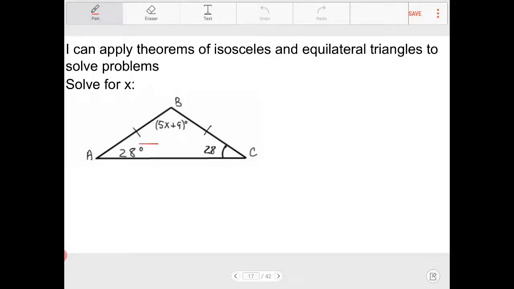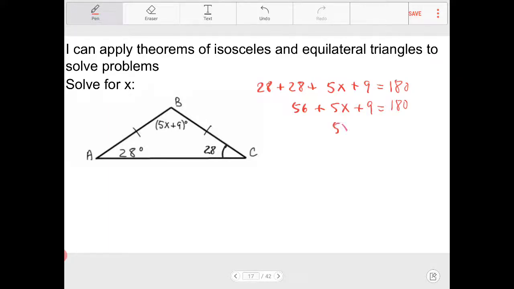So if all three of the angles add up to 180, we can easily solve for x. I know that 28 plus 28 plus 5x plus 9 is equal to 180. So I have 56 plus 5x plus 9 is equal to 180.